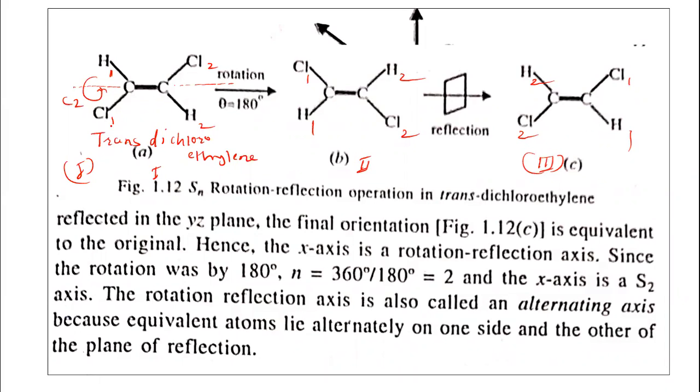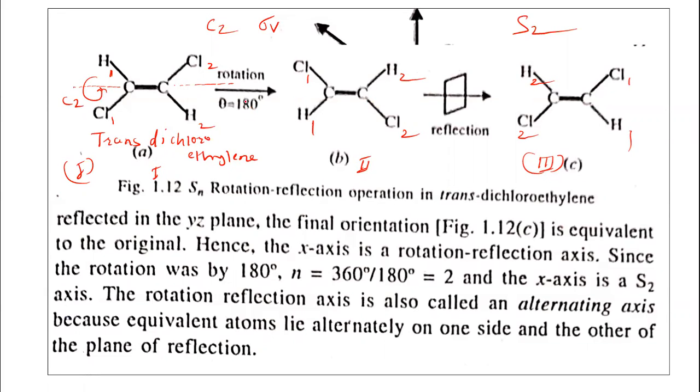Chlorine 1 goes to here, and chlorine 2 now here. So this molecule has the improper rotational axis. Theta equal to 180 degrees means it has C2, and passing the plane sigma V, it has the improper rotational axis S2.